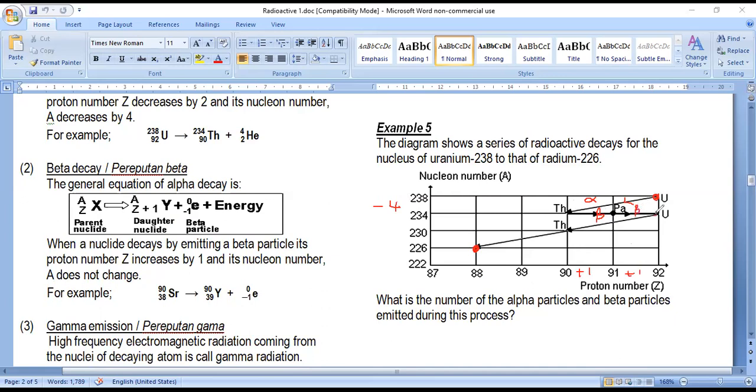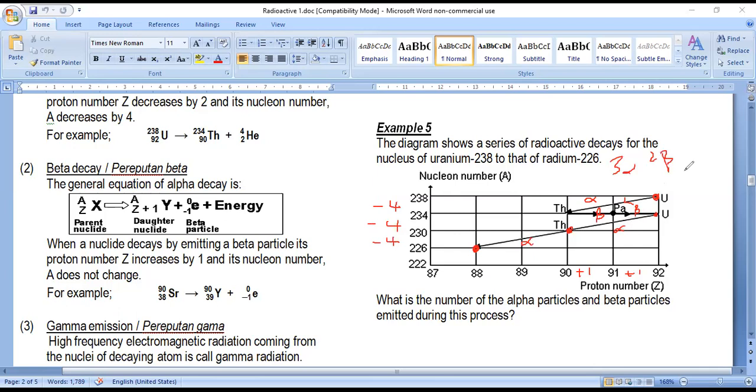Okay, and then from here, decay into here. So 234 to 230, again minus 4. And then from here to here, again minus 4. Okay, so this is alpha, this is also alpha. So that means the answer will be 3 alpha, 2 beta.